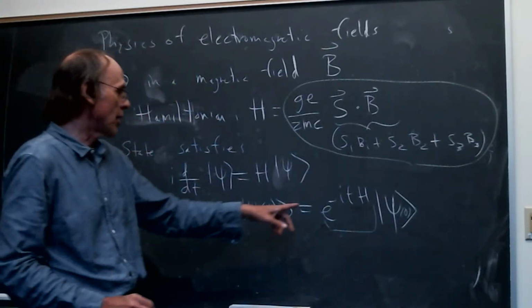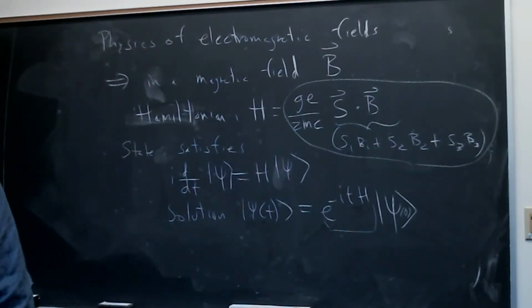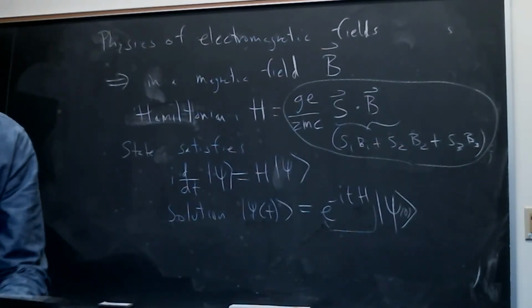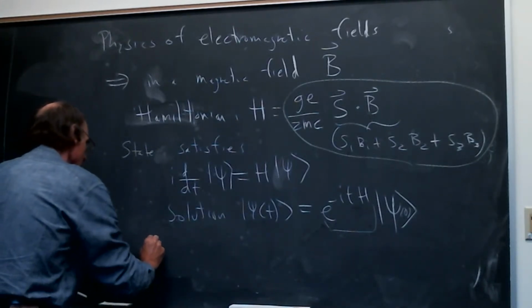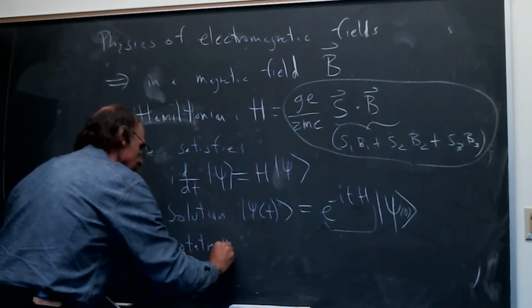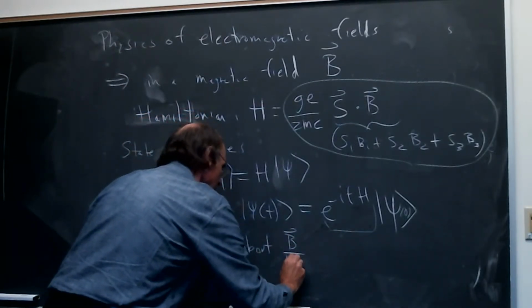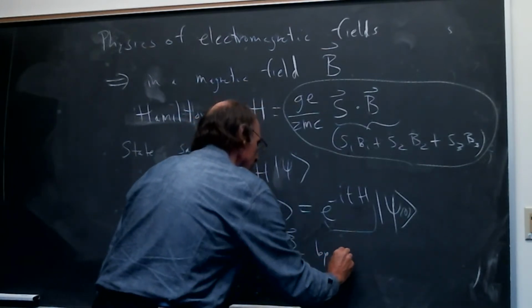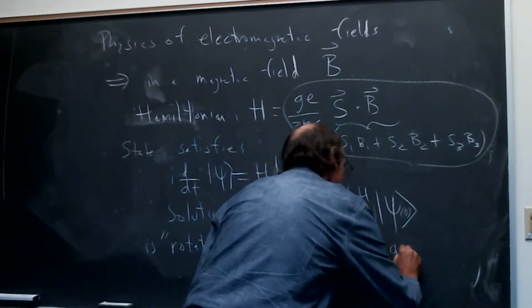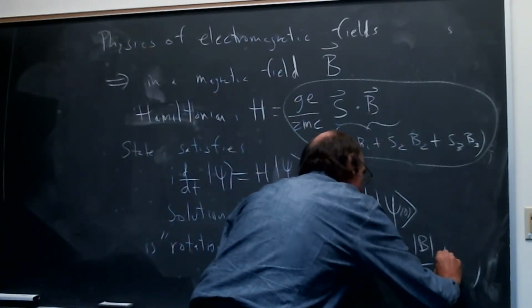So if you look at what this is, it's a rotation, in this funny sense, about B by an angle which comes out to g e over 2mc times t.